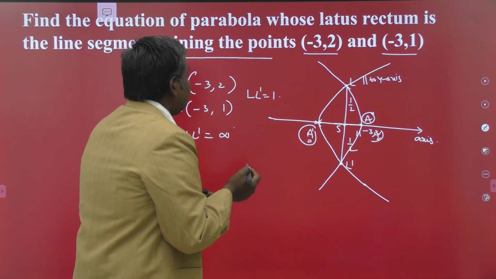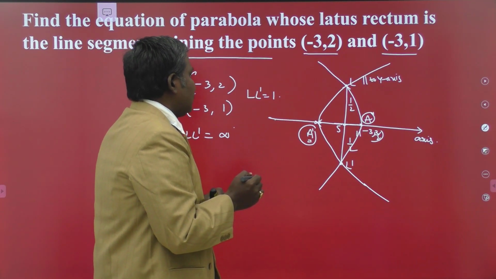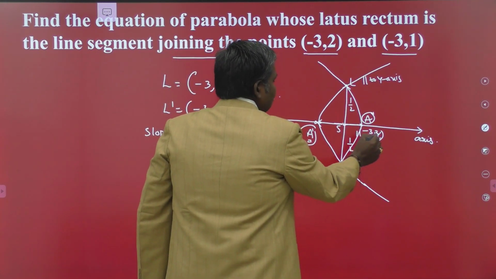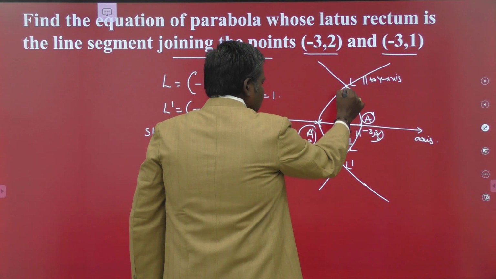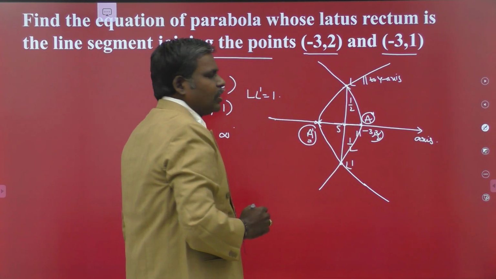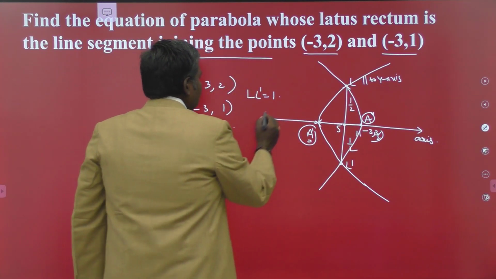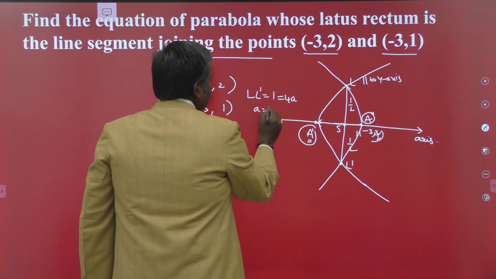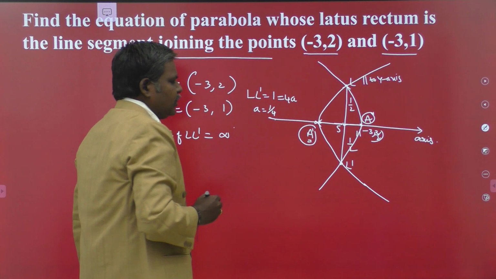So, how to obtain A dash as well as A here? What are the coordinates of S here? Minus 3 comma 3 by 2. So, the distance from L to L dash is how much? 1 unit. LL dash is 1. This is 4A. Am I correct or not? Length of latus rectum is 4A. So, what is your A? 1 by 4 units.